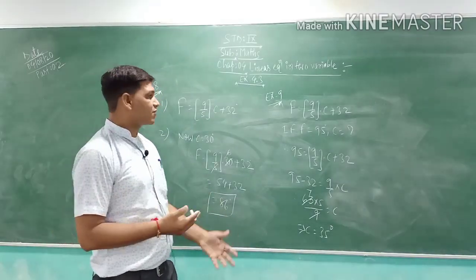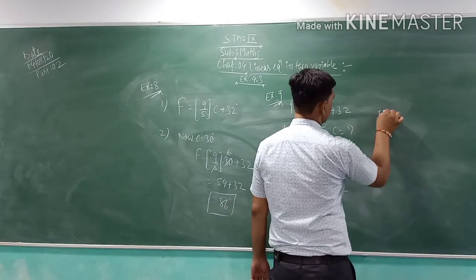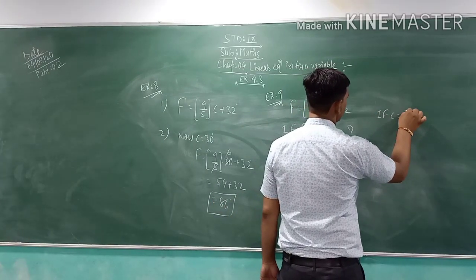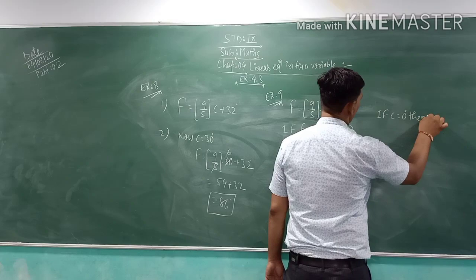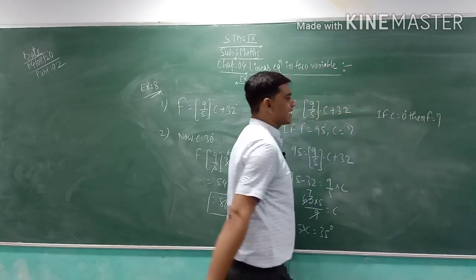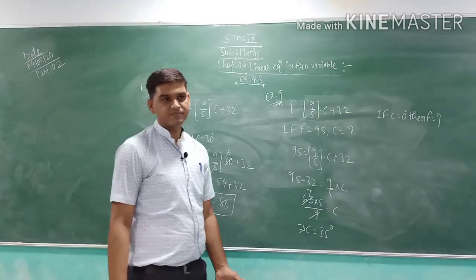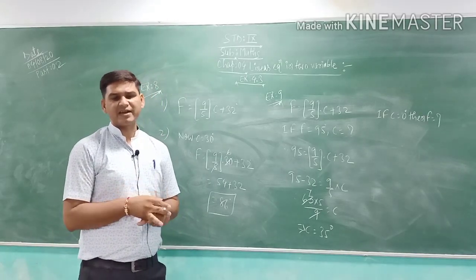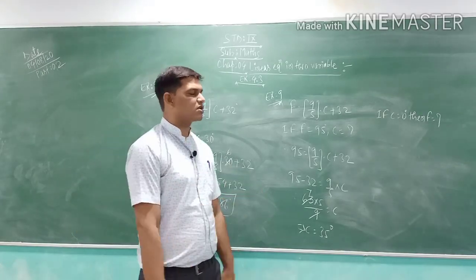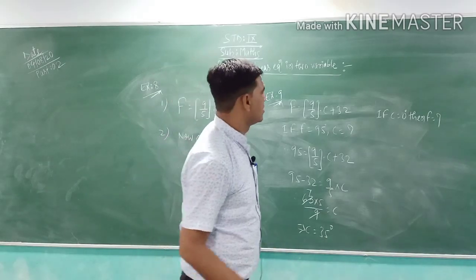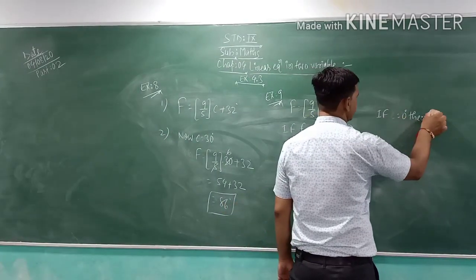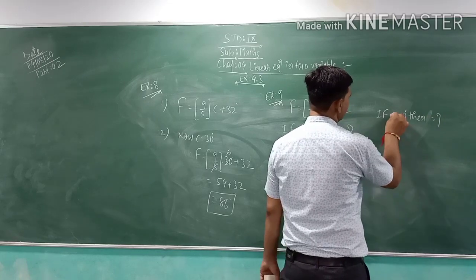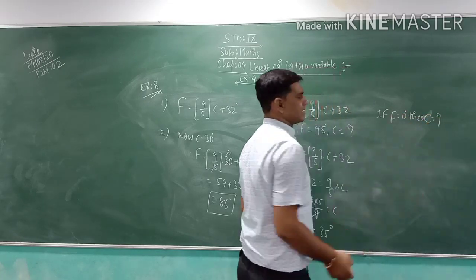Now if C is equal to 0, then what is Fahrenheit? Or maybe we take F equal to 0, then find C. If Fahrenheit is 0, then what is Celsius?